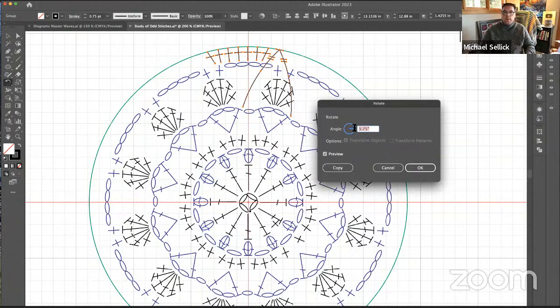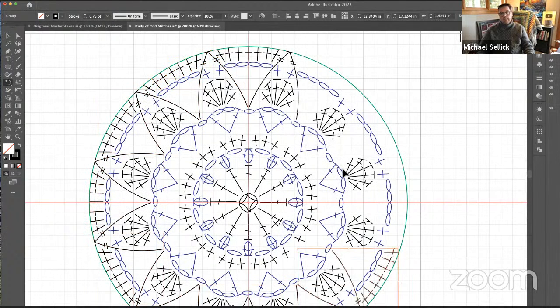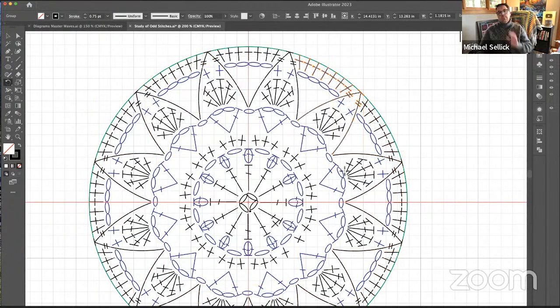So there's 12 of these points, so 360 degrees divided by 12. Copy. Okay, so we got number 7 done.